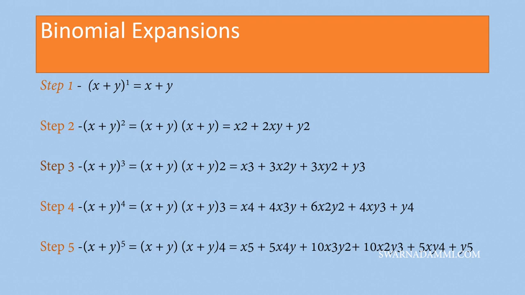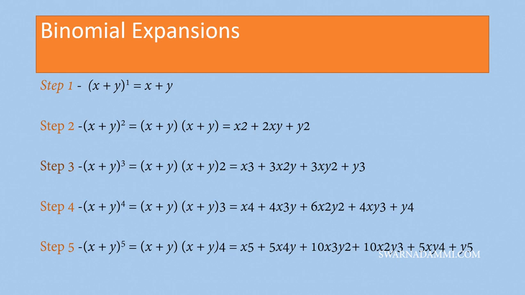And in step 4, we have added another power, that is (x plus y) to the power 4. Then finally what we have obtained is x to the power 4 plus 4x cubed y plus 6x squared y squared plus 4xy cubed plus y to the power 4.